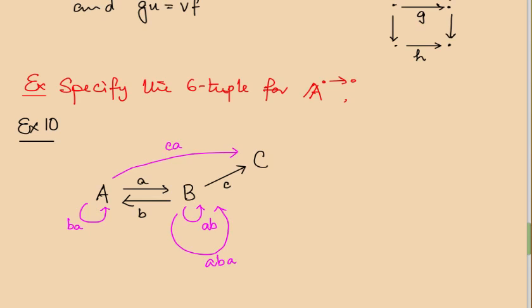Similarly, you come from B to A and then follow it by this loop. So, it should be BAB. Okay, and so on. Again, there is this loop. So, you go AB and then ABA. So there shall be many such compositions.